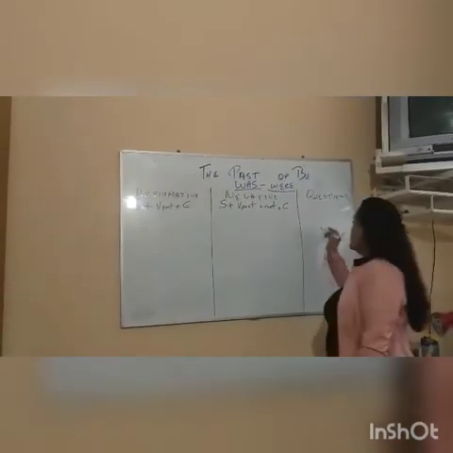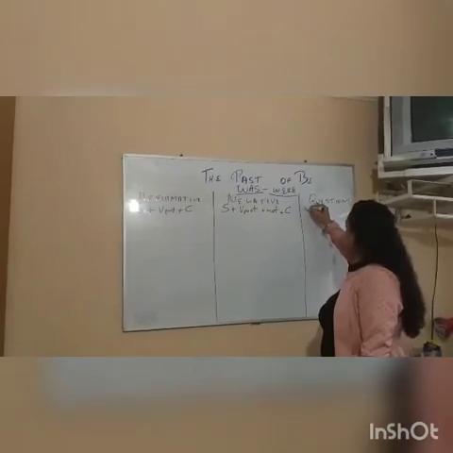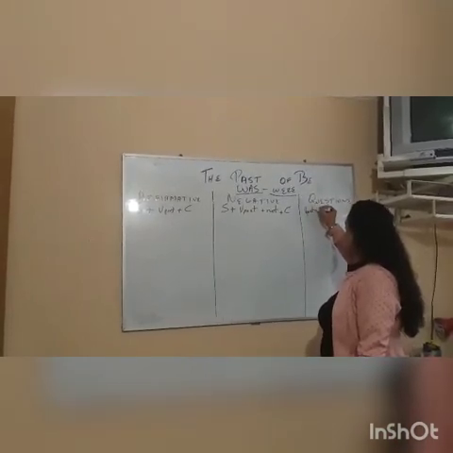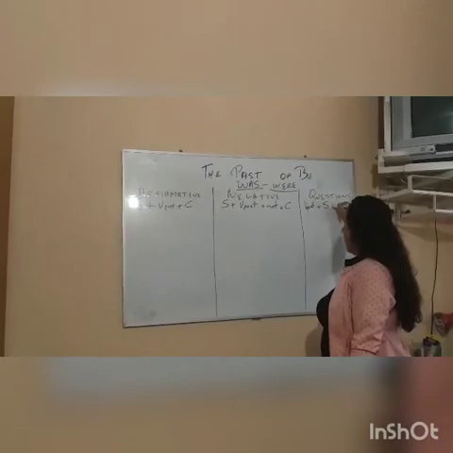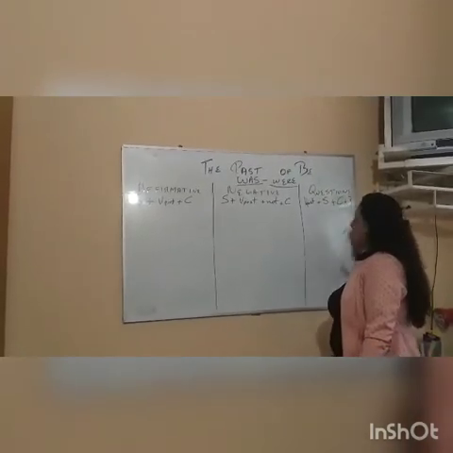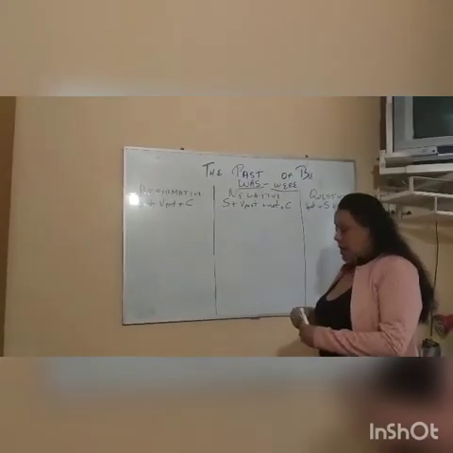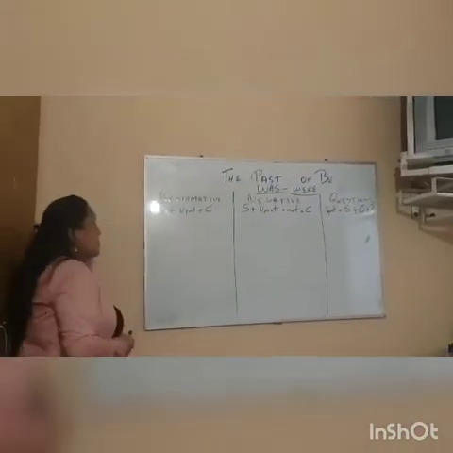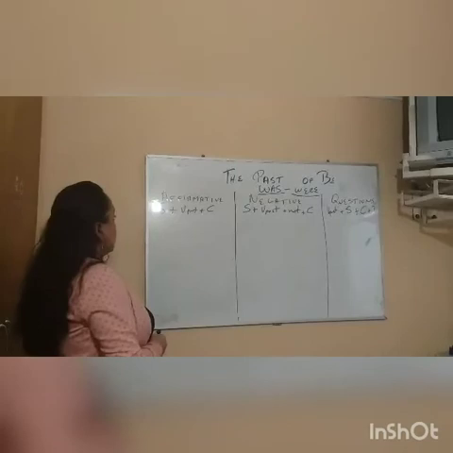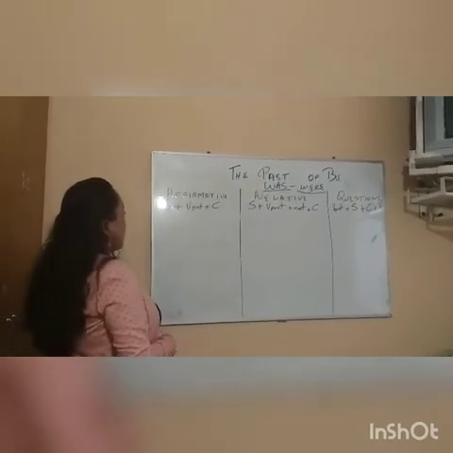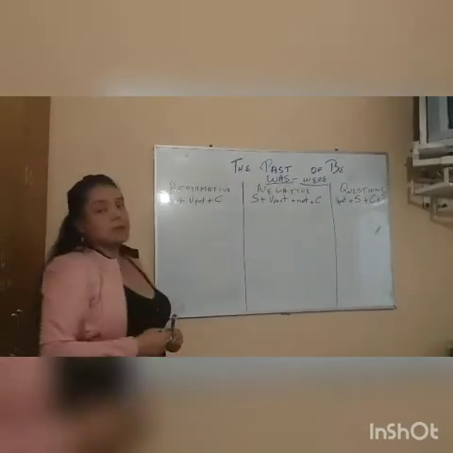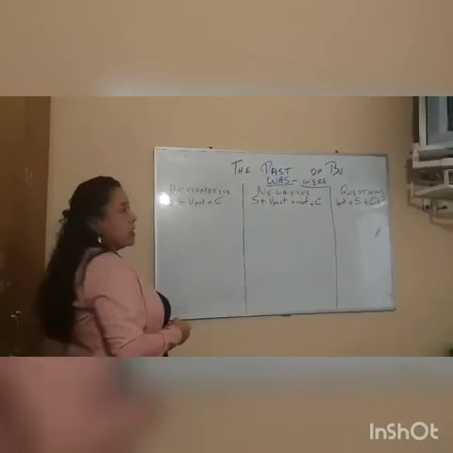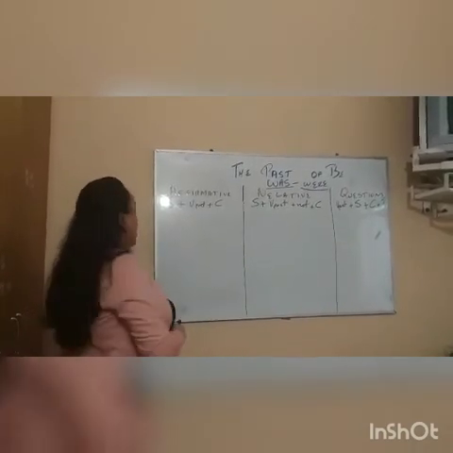In the questions, we have the verb in past plus the subject plus the complement plus the question mark. When we are going to talk in affirmative, questions and negatives, we have to use the same subjects. We can use names or pronouns.